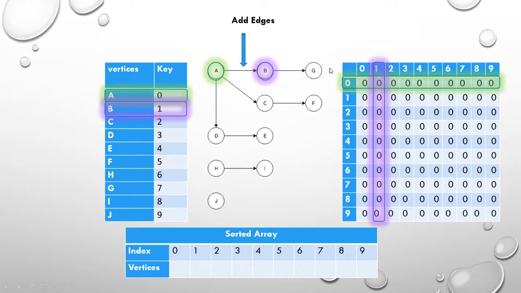But in this case we have not indicated that this is an edge. So to do so, we are going to change this 0 to 1. So 1 will indicate that we have an edge between A, which is 0, and B, which is 1, as shown here.